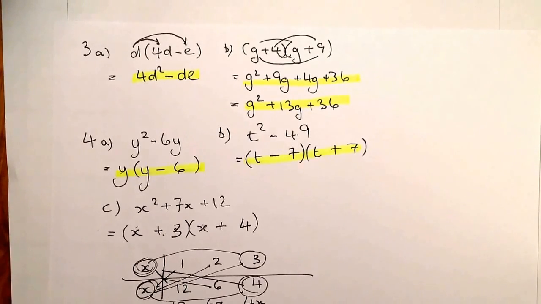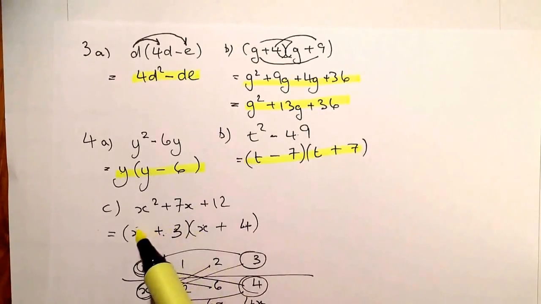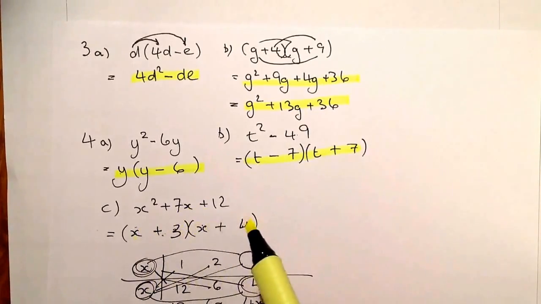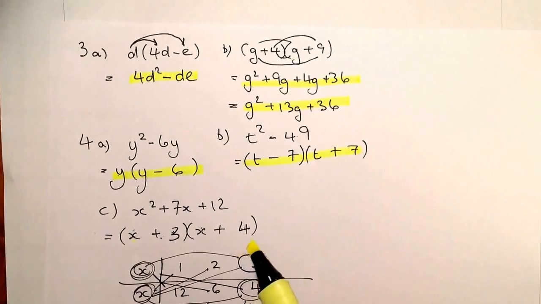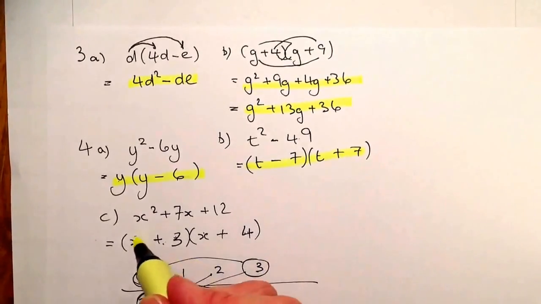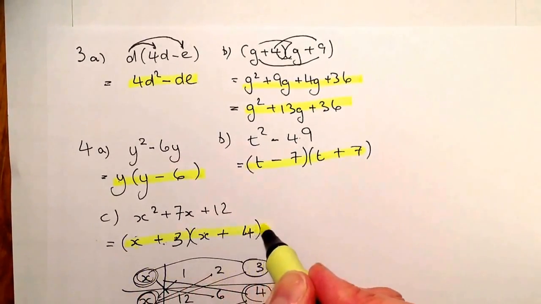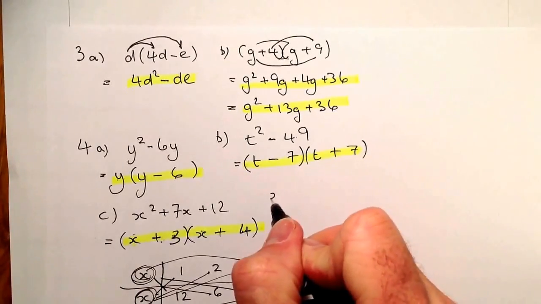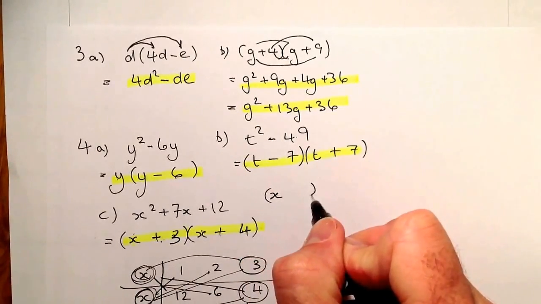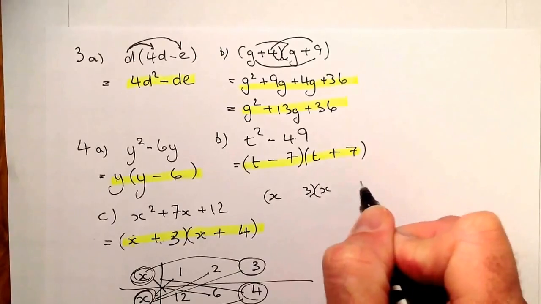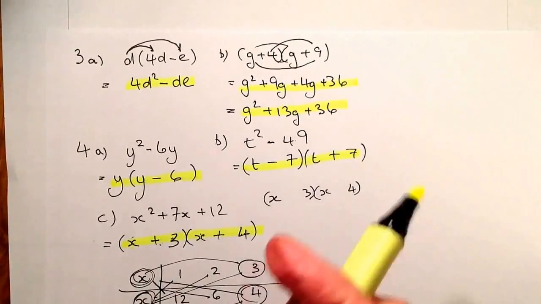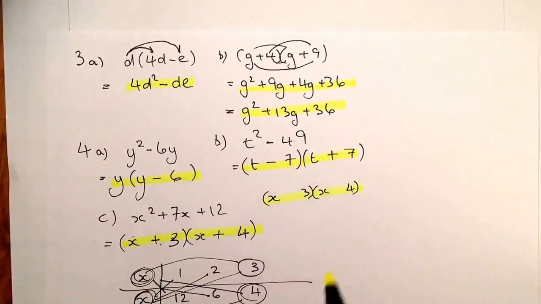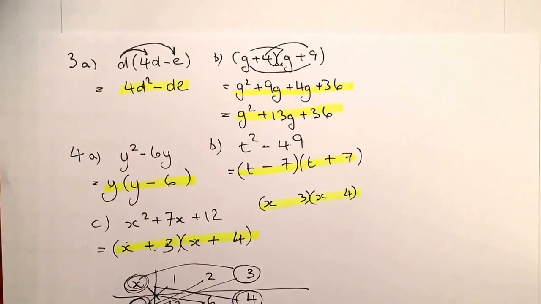I'm going to get 2 marks for part C, and the first thing that I'm going to get is evidence of the x, the 3 and the 4 being used. And the final mark would be for completing that factorisation. So that was a mark for getting an x, for getting a 3 and a 4 in some way, and finalising with that one.